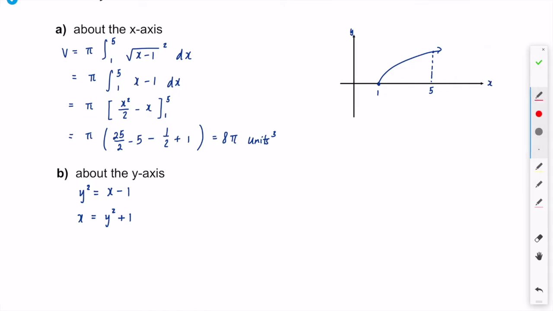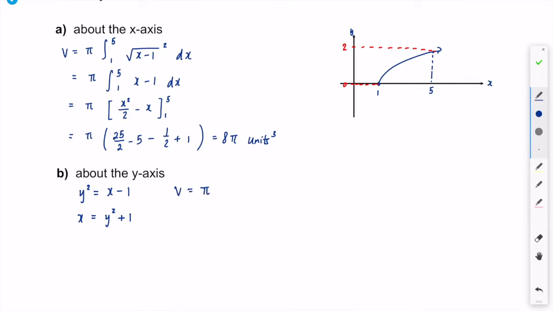When x is equal to 1, y is equal to 0. What about when x is equal to 5? 5 minus 1 is 4, so y is 2. Okay? So now we're ready.